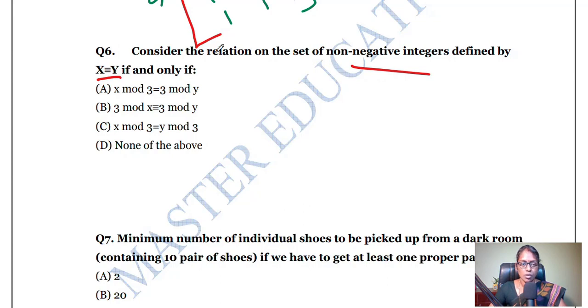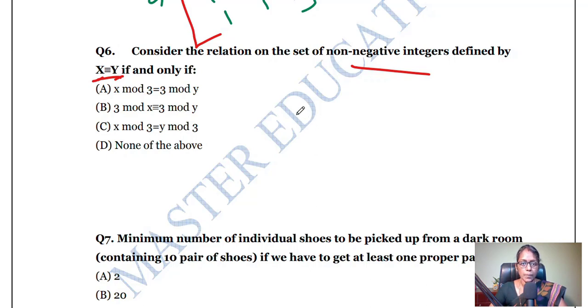The next question: consider the relation on the set of non-negative integers defined by x congruent y if and only if. Congruent means if the mod value of this and this should be equal, then it's called x congruent to y.